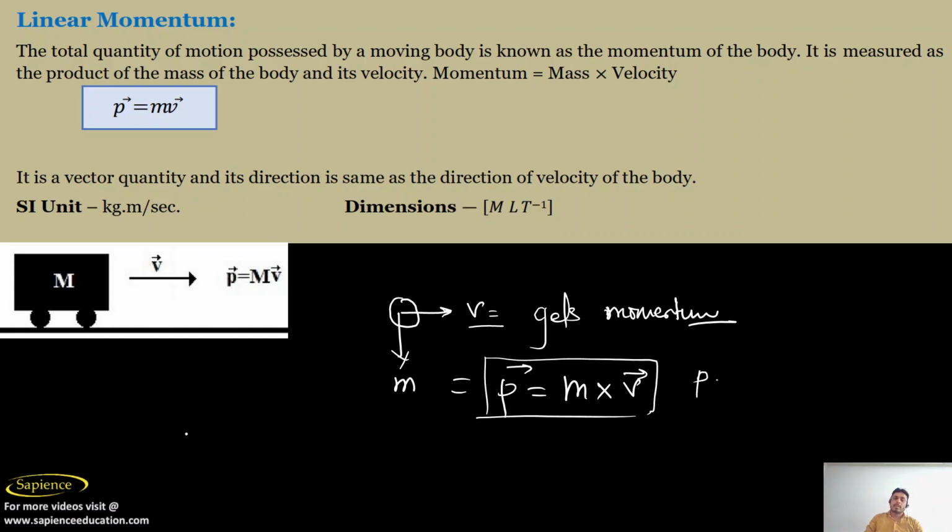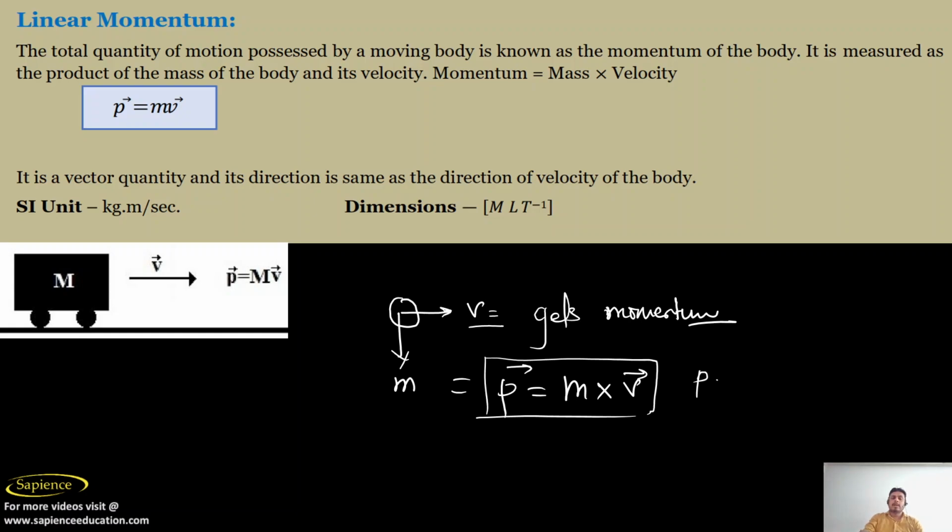Understood? Now I will give you some examples and you need to find which has more momentum. Before that, I will just specify the unit of momentum. The unit will be, definitely, mass has kg and velocity has meter per second, so momentum has the unit kg meter per second.